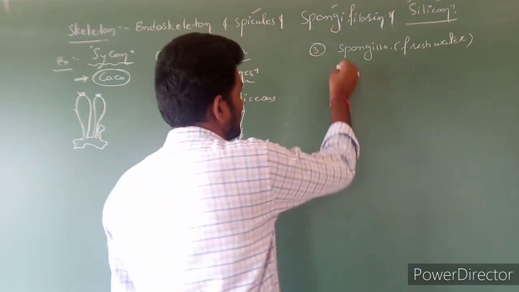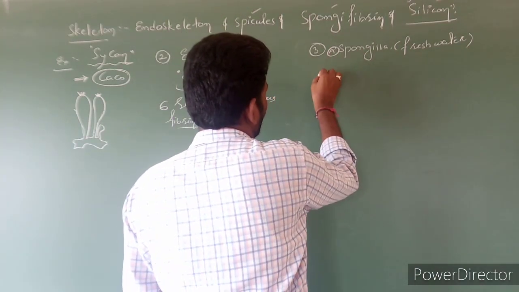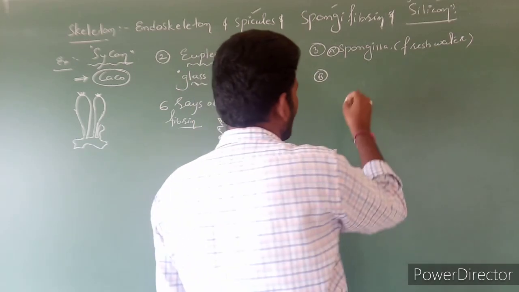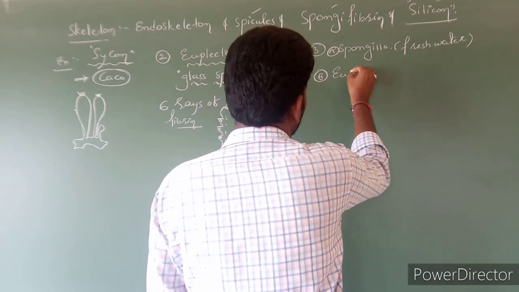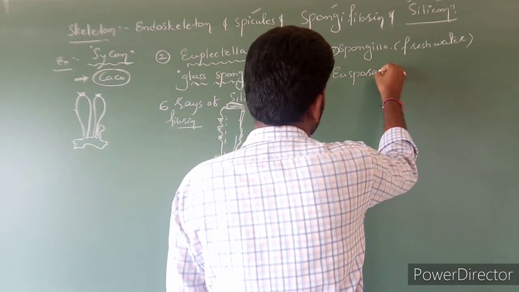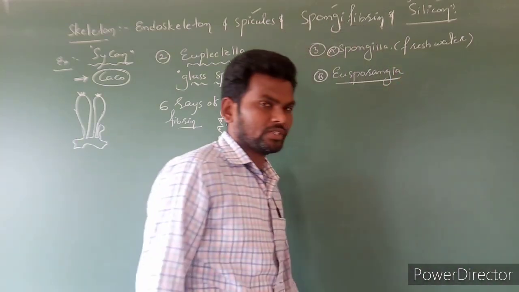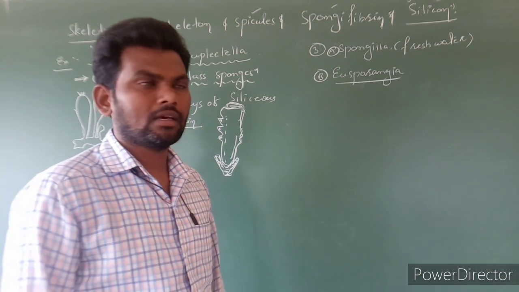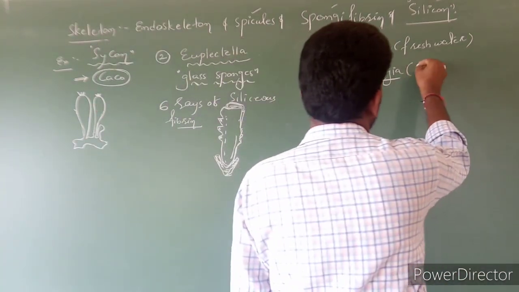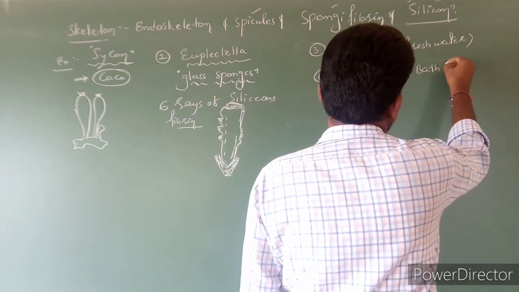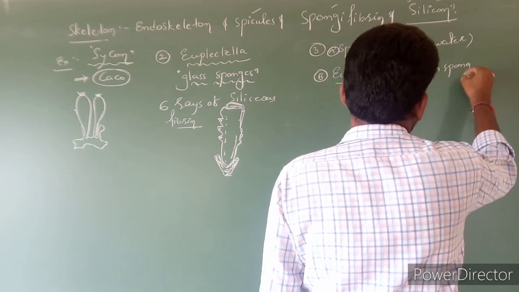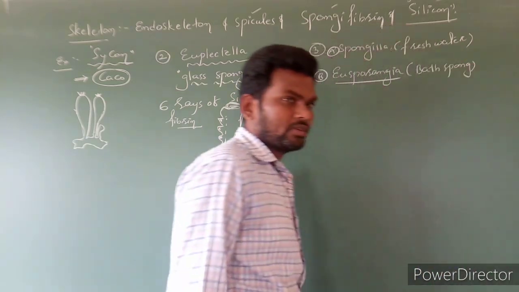And one more example is Euspongia. It is also called the bath sponge.